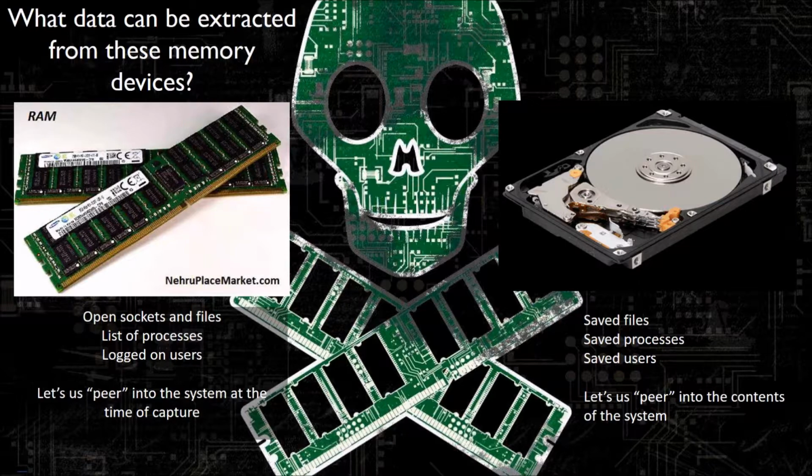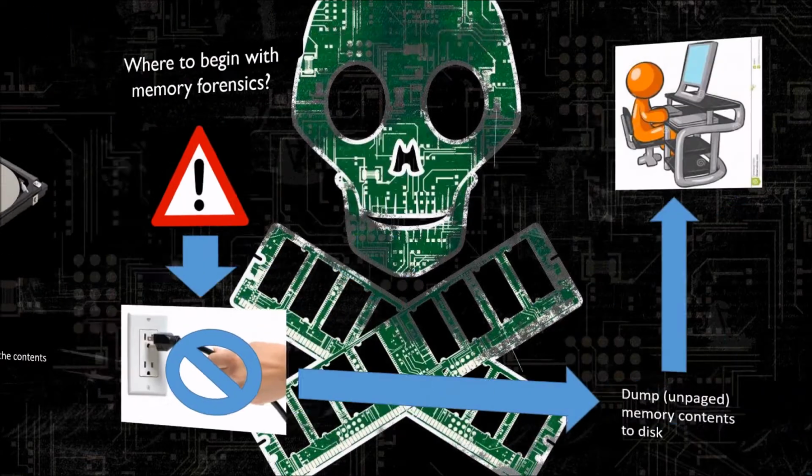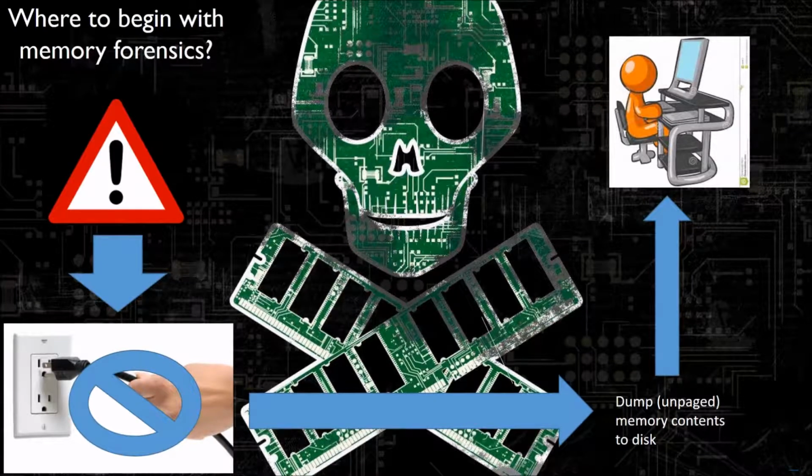So now we're at this point. Let's say that we're at this company and we have just detected that a data breach has occurred. So that's going to be denoted by this caution symbol. The first step we're going to do is we're not going to unplug the computer, because like I said before, once you unplug that computer, all the evidence that the criminal may have left behind in the RAM is now lost to us.